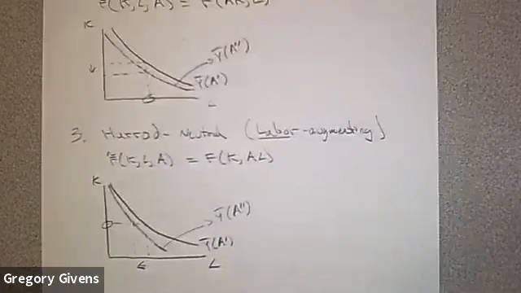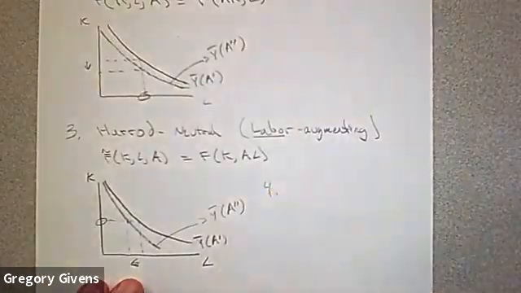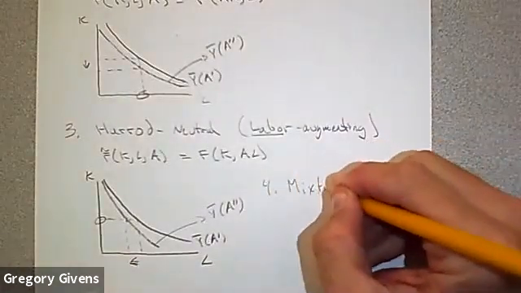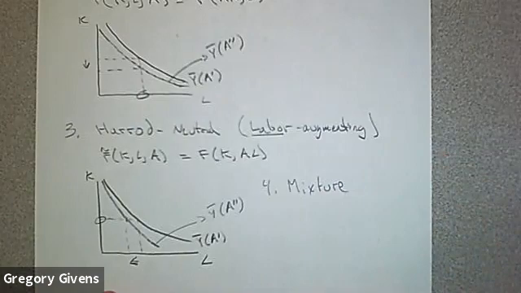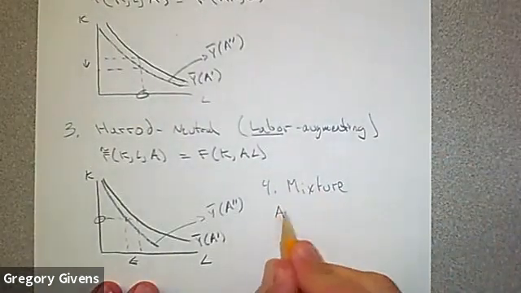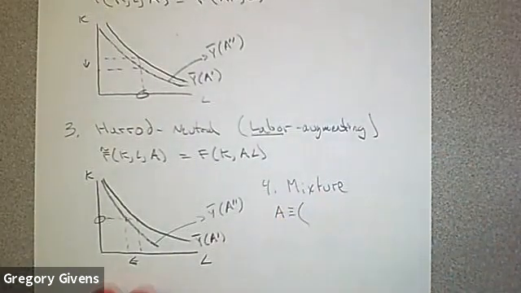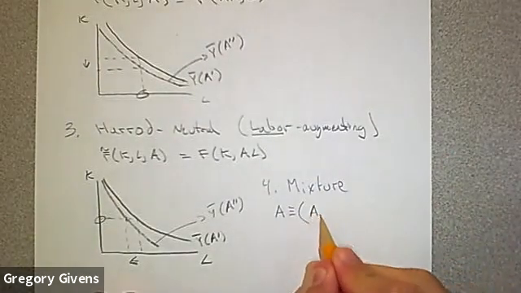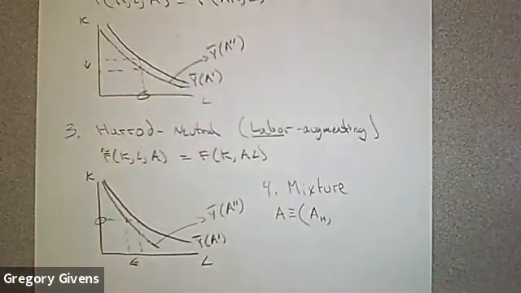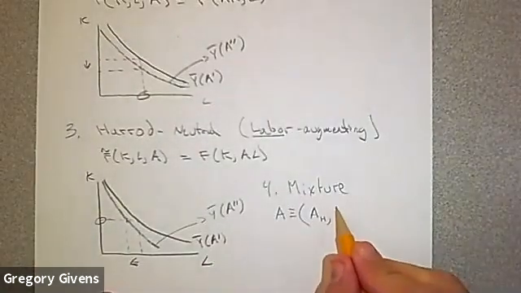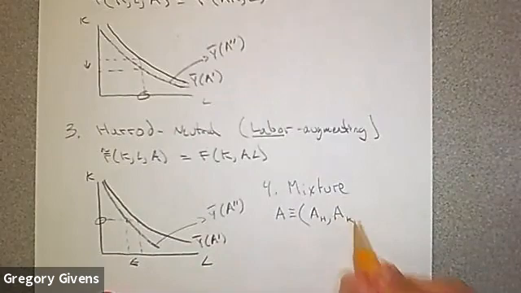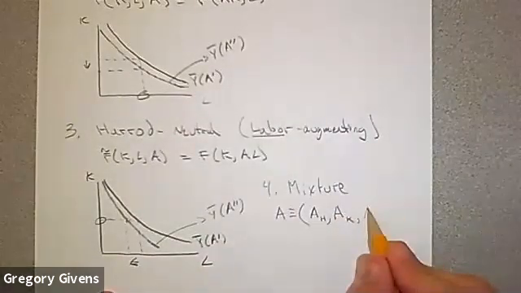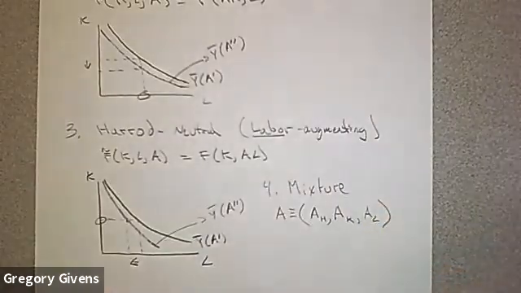You might also imagine a fourth type of technology, which we'll just call a mixture. This is conceivable, right? Imagine technology actually being a vector valued object that has a Hicks neutral component, a Solow neutral component or capital augmenting component, as well as a Harrod neutral or labor augmenting component.